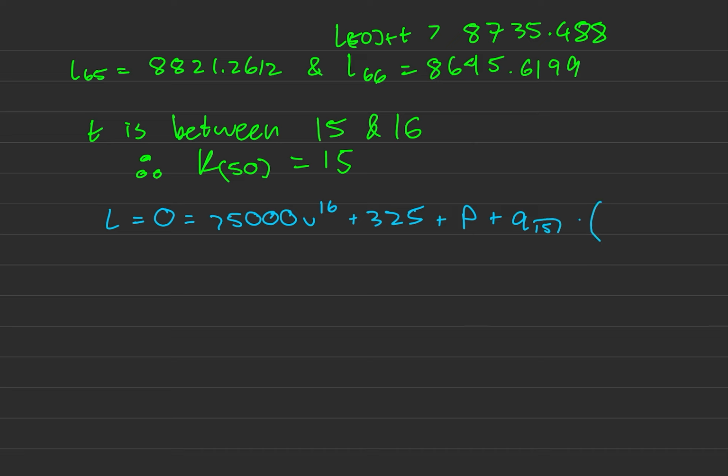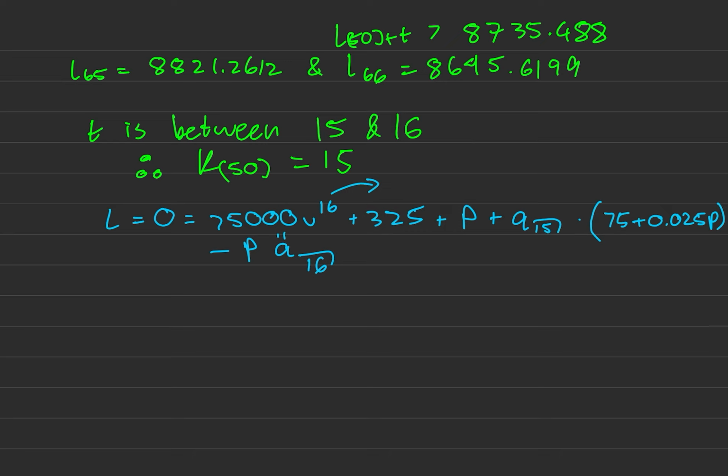That annuity gets multiplied by 75 plus 0.025 times the premium, and from this I subtract off the premium times the annuity in advance for K plus 1 years, 15 plus 1 years, 16 years. Now it's a matter of finding values for these present value factors.